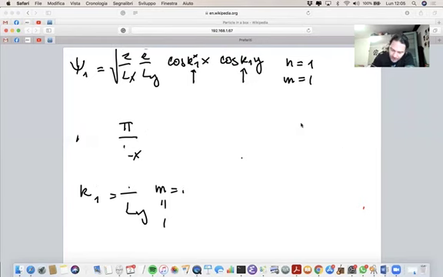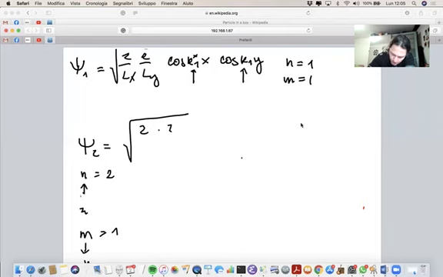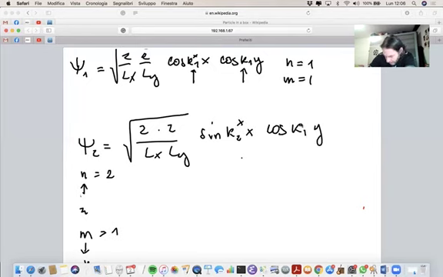So the next energy level, phi 2, would be one in which n, which is the one referred to the x index, is equal to 2, and m, which is the one referred to the y index, is equal to 1. So there would be 2 times 2 divided by Lx Ly, sine of k2x x cosine k1y y.